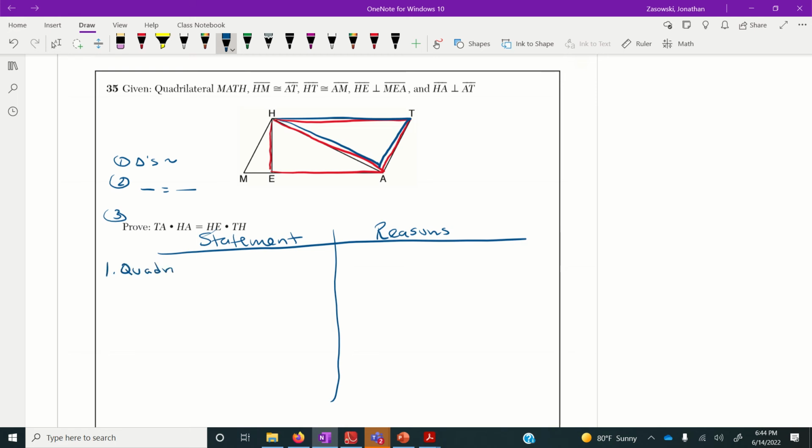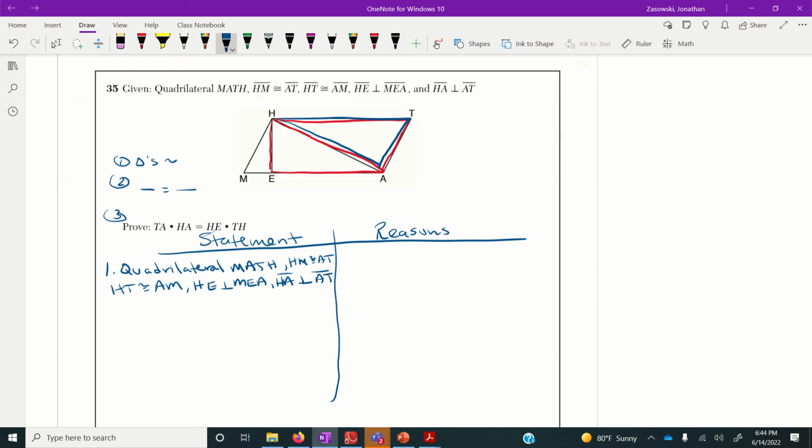So we have quadrilateral MATH, HM congruent to AT, HT not congruent, but perpendicular to MEA, and HA perpendicular to AT.